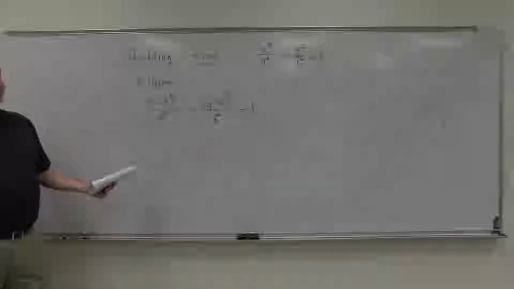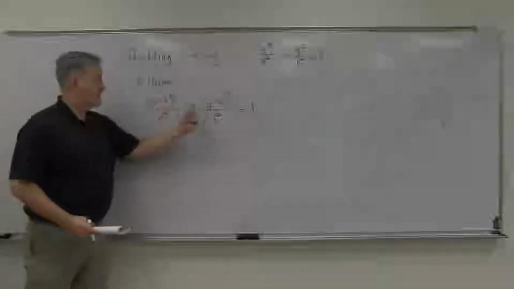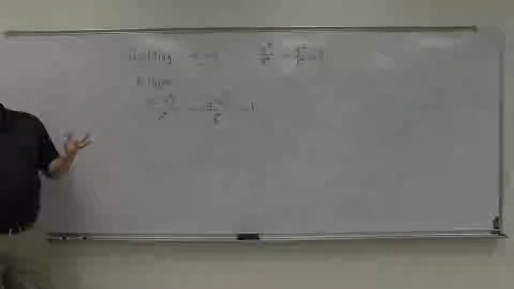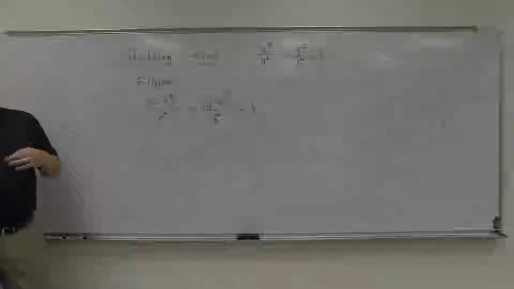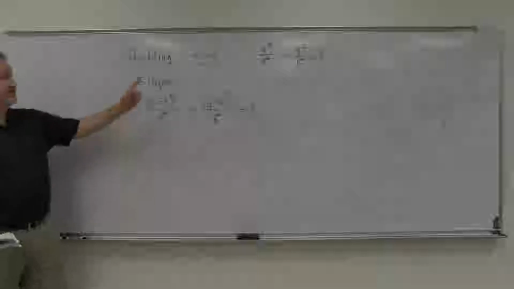That's an ellipse. This is an ellipse because it's very much like that, except I've got something subtracted from the x and from the y, and so that's going to just shift it.